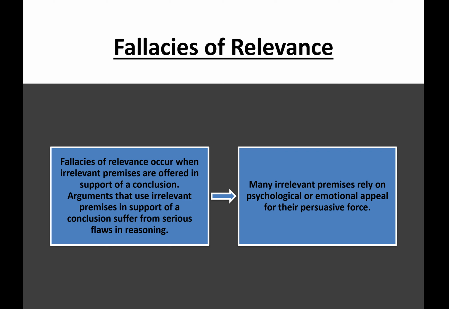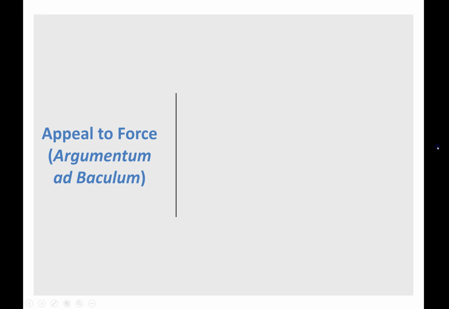So the idea is that whatever premise or premises are offered in support of whatever conclusion, they're psychologically relevant, they're emotionally relevant, but they're logically irrelevant, right? So they may do the trick, they may get you to accept the conclusion or believe the conclusion or do something, feel something, buy something. But from a logical perspective, they're irrelevant to the conclusion.